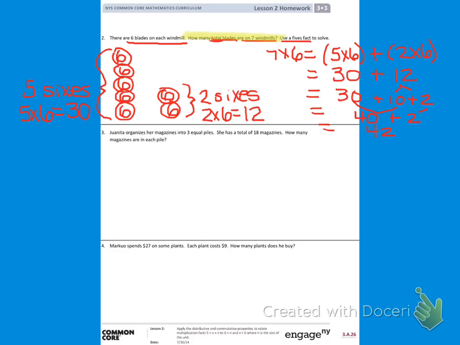How many total blades are on 7 windmills? I'll write it up here. 42 blades are on 7 windmills.